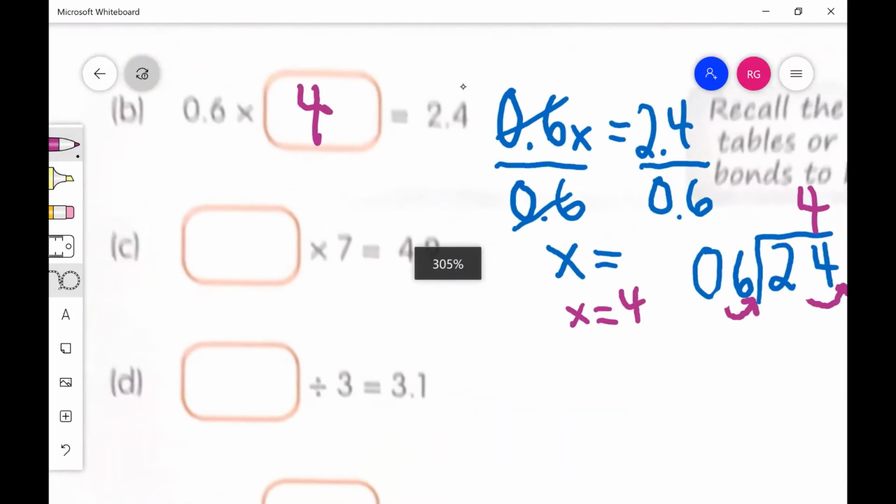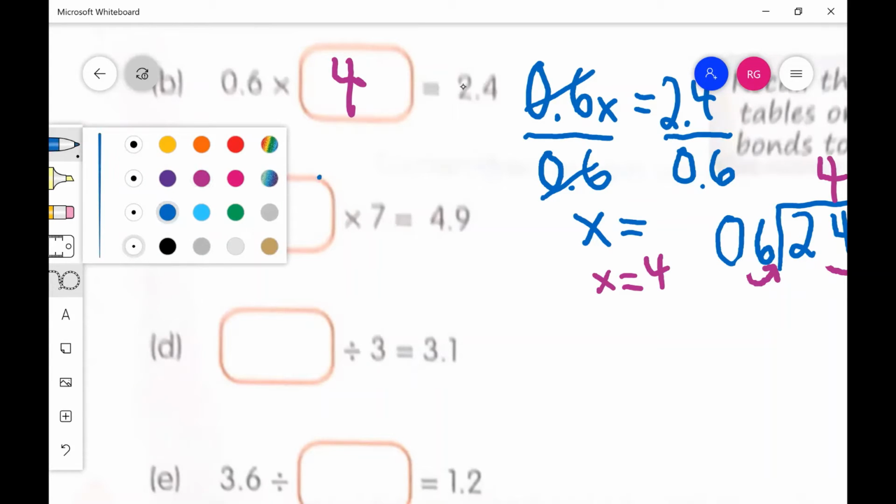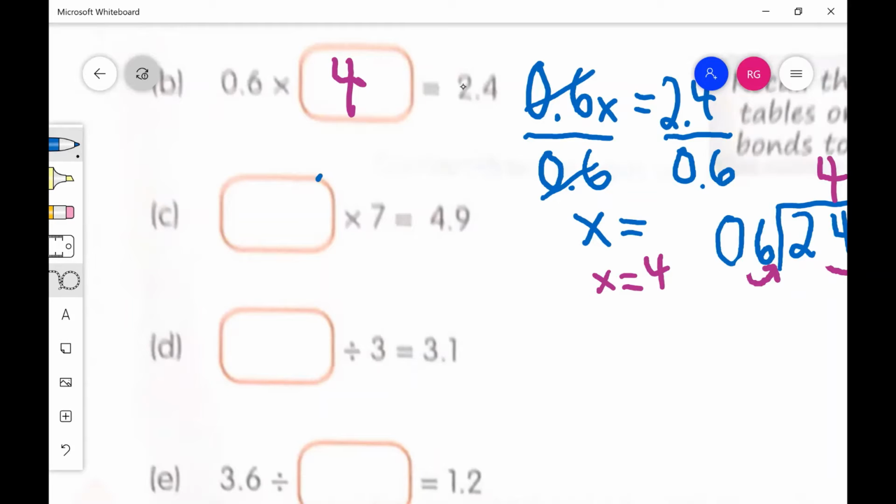And we could do some of these in our heads and skip the algebra if we felt like we were pretty confident. This one I think we can do in our heads without doing the algebra. But does anyone have a guess for what we might write there for this unknown here for C? 0.7.